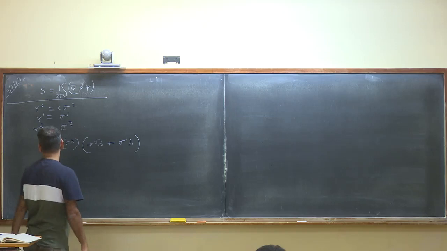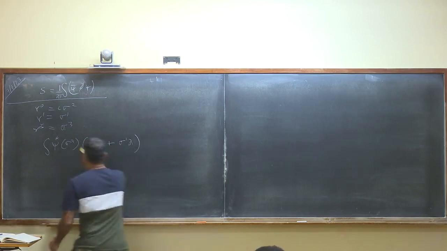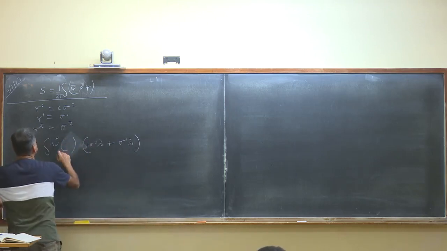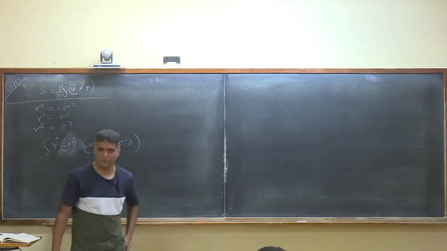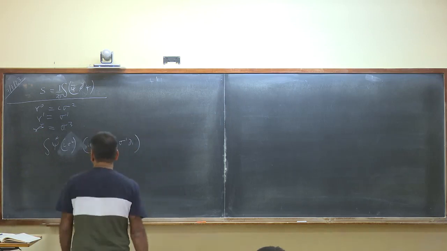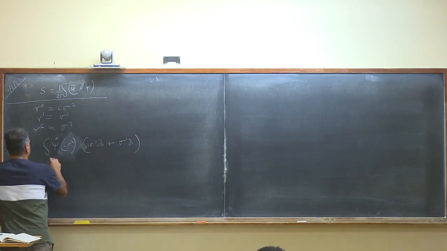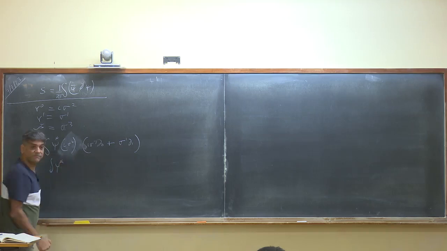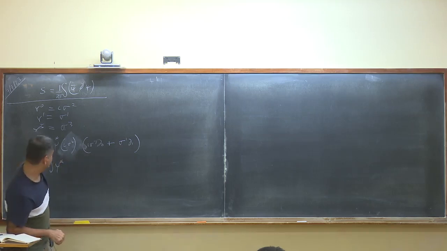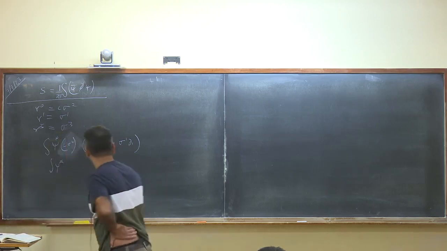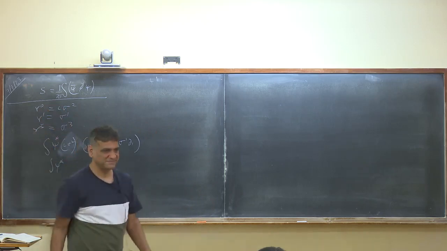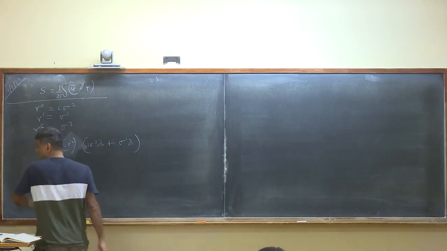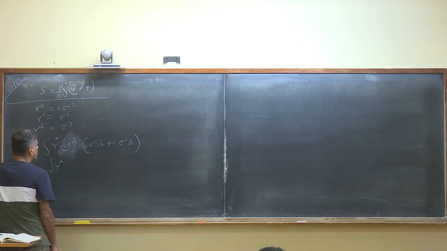Why gamma 5? Sorry, gamma 0, thank you. Gamma 0, so i sigma 2. Okay, good. Lorentzian. These are gamma upper mu. Yeah. Okay, thank you.